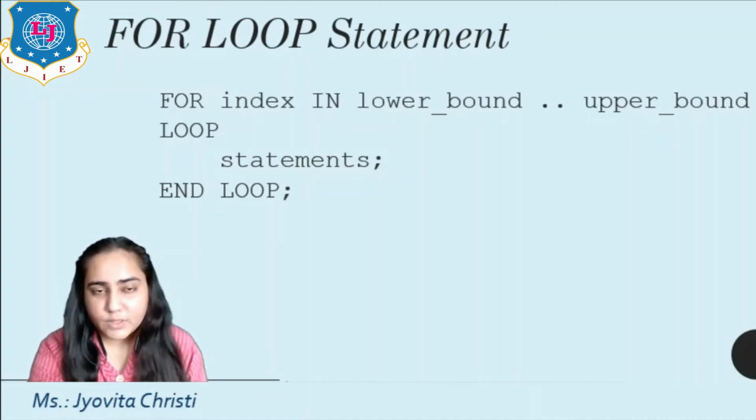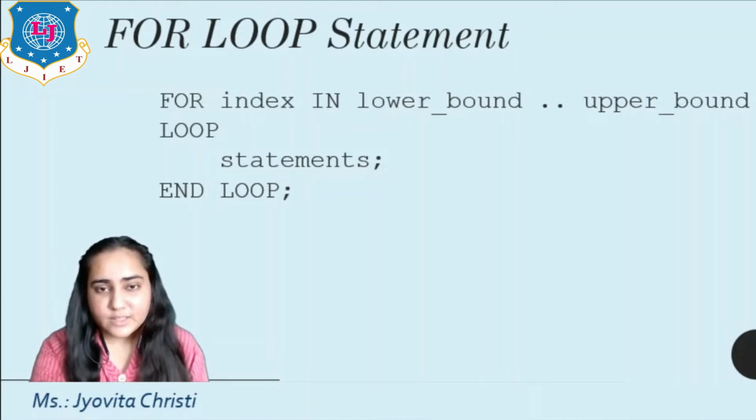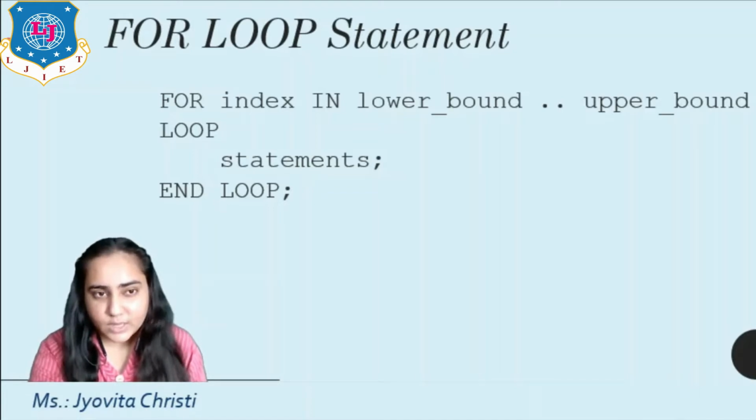Typically, the lower bound is less than the upper bound, and the index is set to lower bound, and statements execute and control returns to the top of the loop where index is compared to the upper bound. If index is less than upper bound, index is incremented by 1, and the statements execute once again, and control again returns to the top of the loop.